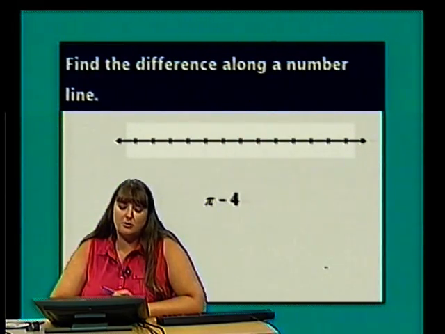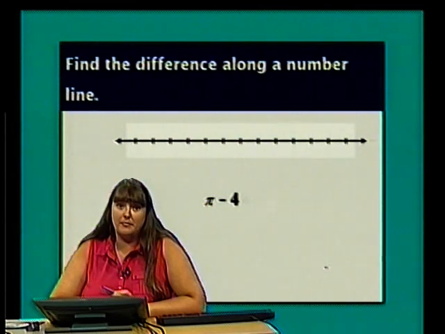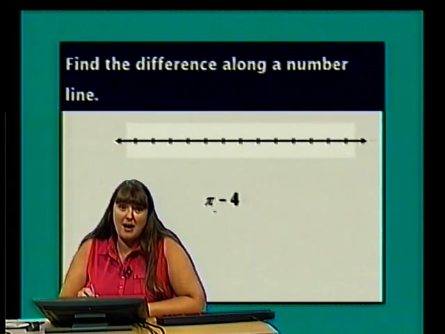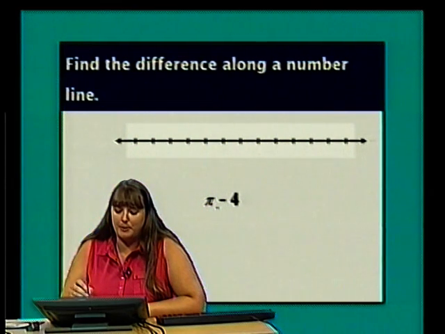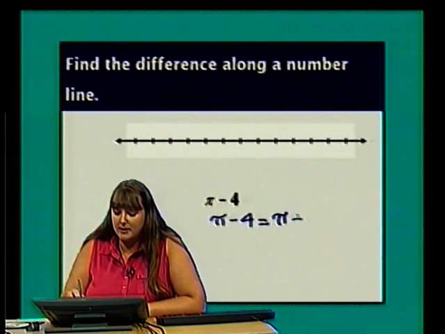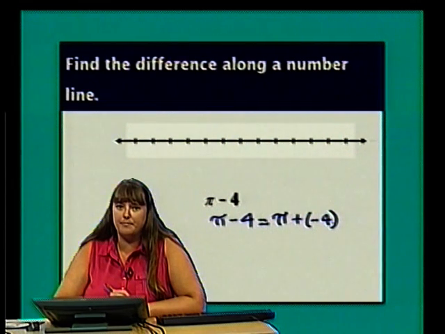Now let's do an example using a number line. Here we want to find pi minus 4. Notice here that my number line doesn't have any scale, so I'm going to need to start by deciding how to scale my number line. I need to remember that pi is about 3.14. Pi minus 4 is the same as pi plus the opposite of 4, which is negative 4.